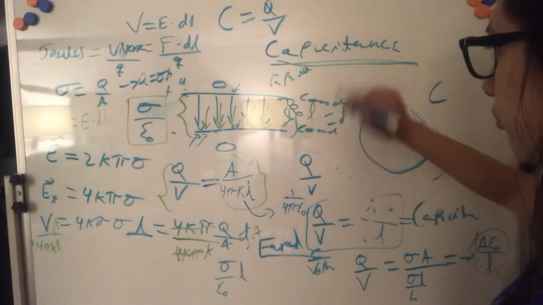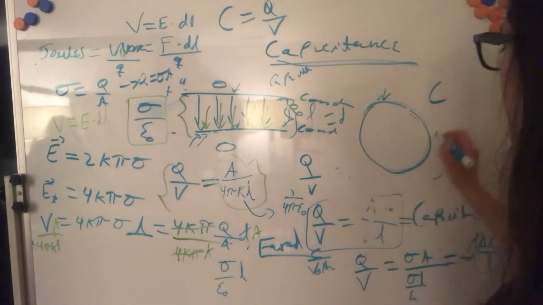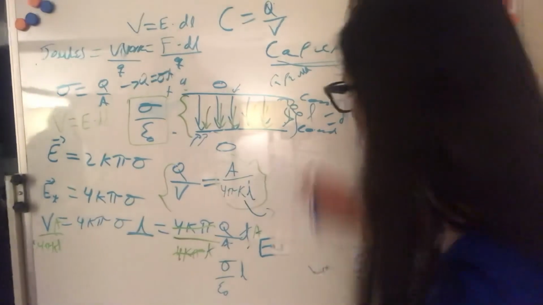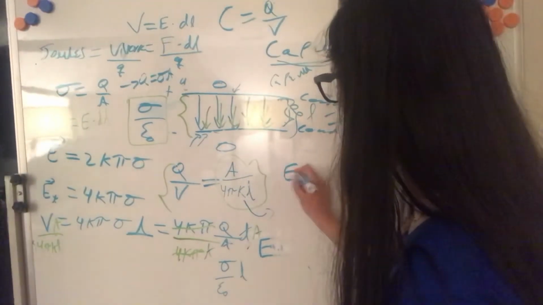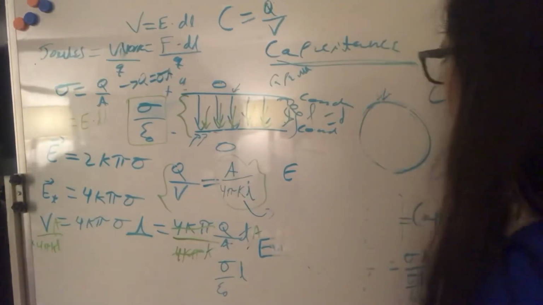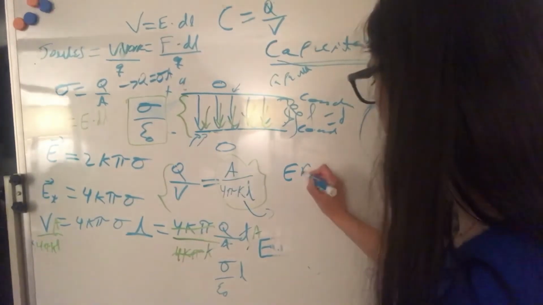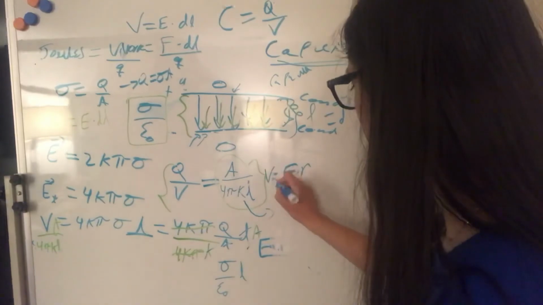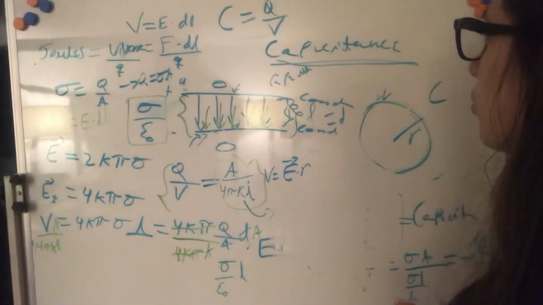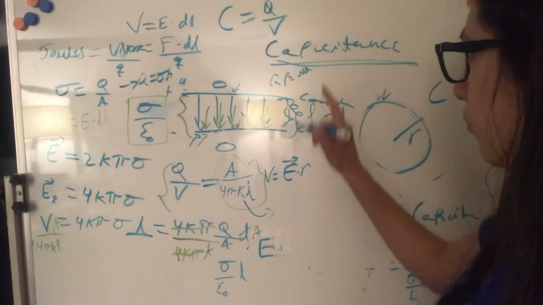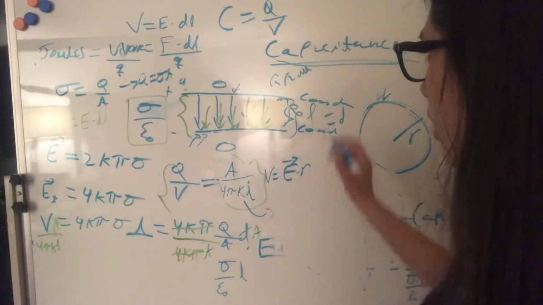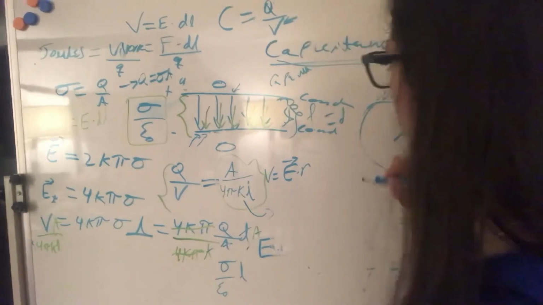Again, the voltage is the electric field times the distance. The distance could be the radius. This is the voltage. So the capacitance would be charge per voltage.